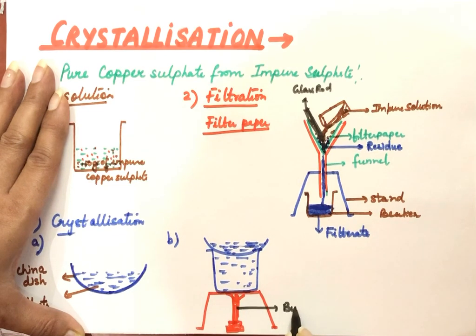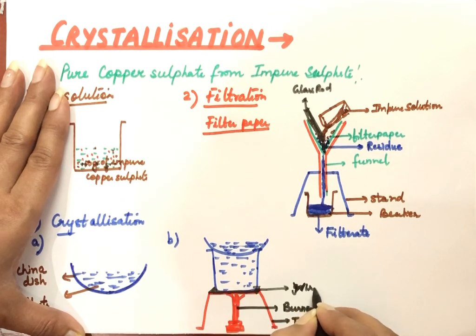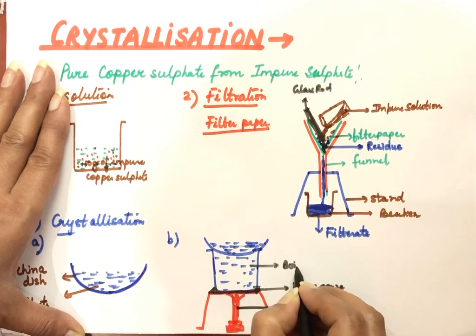Burner. This is called a tripod stand. For heating, we always keep a wire net here, wire gauze. This is boiling water.